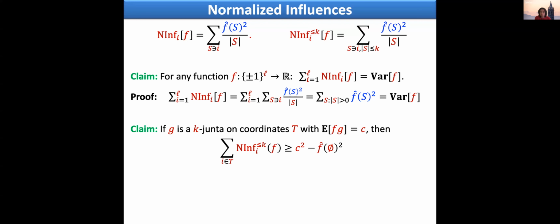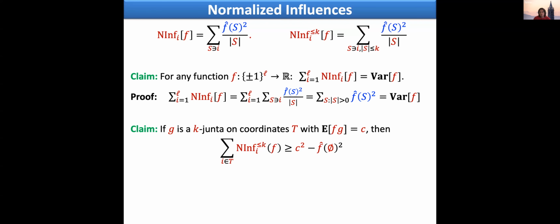Another even more important thing for us is that if we look at the closest k-junta to f and say it has some constant correlation c, then the sum of the normalized influences within T, which is what G is supported on, is at least c squared minus the empty Fourier coefficient.